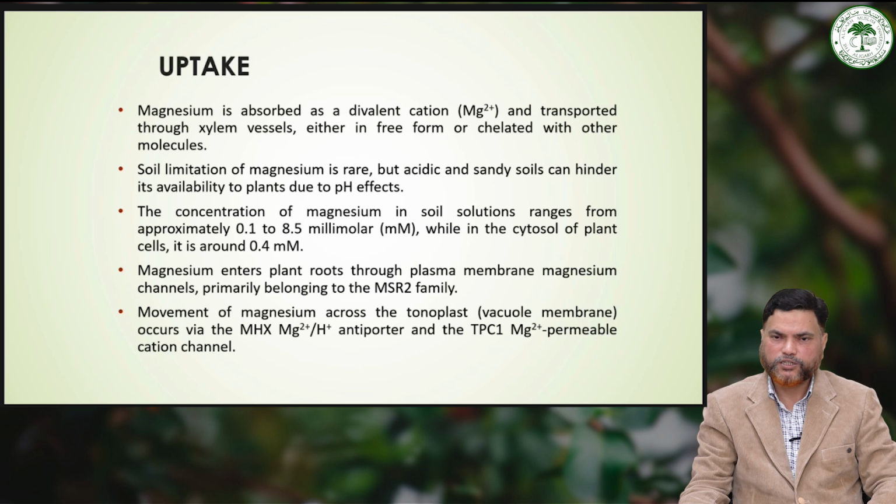Once magnesium reaches inside the root cells, it navigates across the tonoplast, the membrane surrounding the vacuole. This movement across the tonoplast is facilitated by transport proteins, namely the MHX magnesium proton antiporter and the TPC1 magnesium permeable cation channels, ensuring magnesium ions reach their destination within the plant cell.